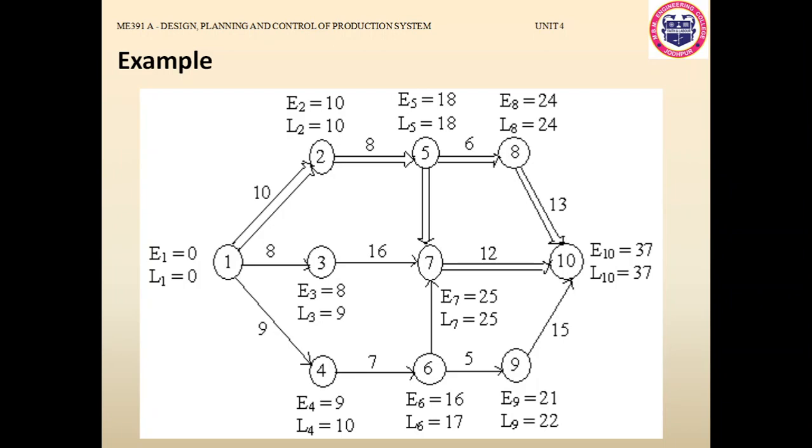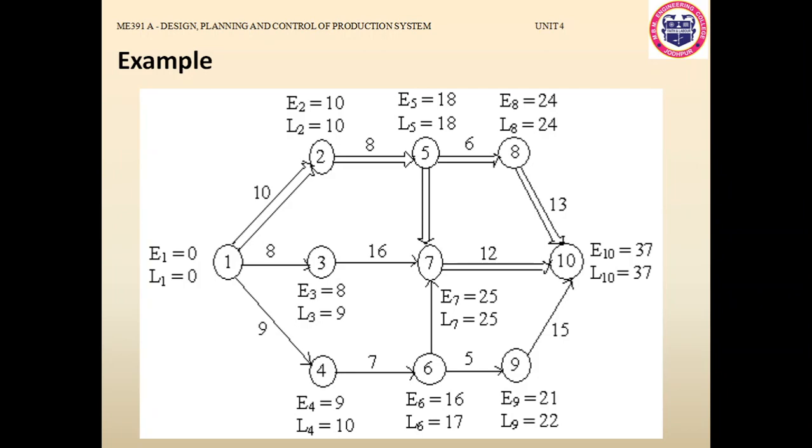previous node. So as shown on the screen, if you move from node number 10 to node number 9 backward, you just subtract 15 minutes from the 37, so that gives you the latest start time as 22. Similarly, if you move from node number 9 to node number 6, you just need to subtract 5 minutes from your latest starting time.